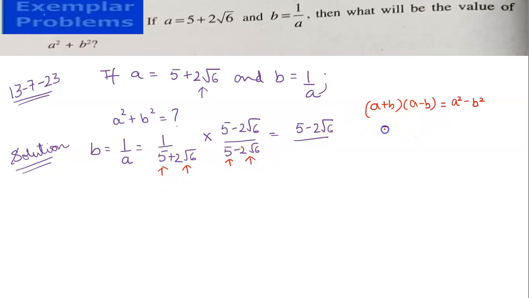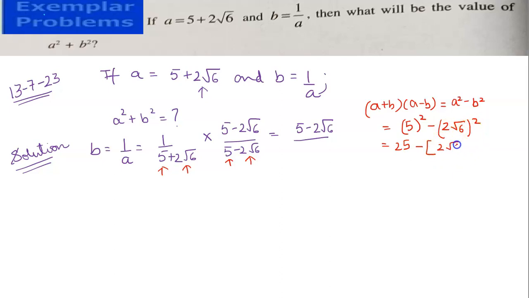So this will be equal to a square. So what is the value of a? 5 square. Alright, minus 2 root 6 whole square. See where I'm putting bracket and then square. Note this step. Okay, 2 root 6 whole square. So 5 square is 25, right? And 2 root 6, what do you mean by 2 root 6 whole square, students?